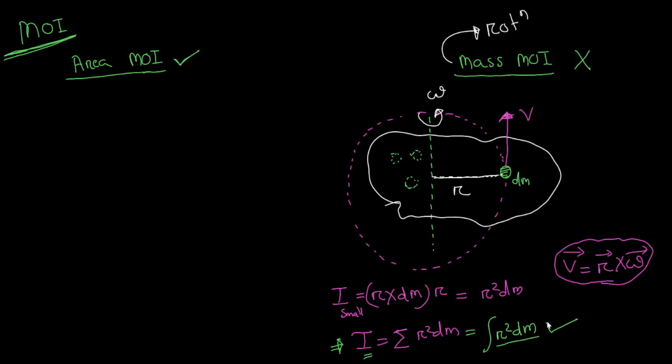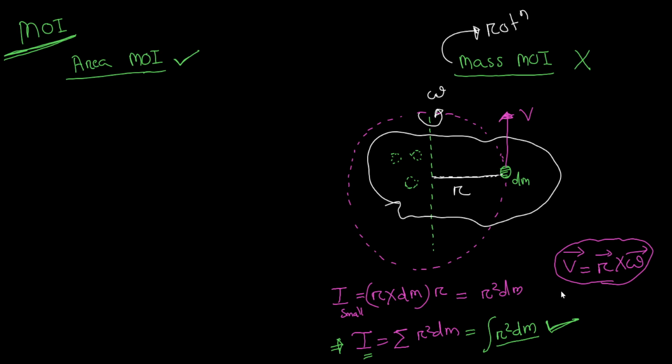In mathematics, whenever you want to get a formula for any situation, you take a small portion. Then for the small portion, you calculate whatever information you require. Then you integrate, and you get the total information. That is the way to calculate any formula in engineering.